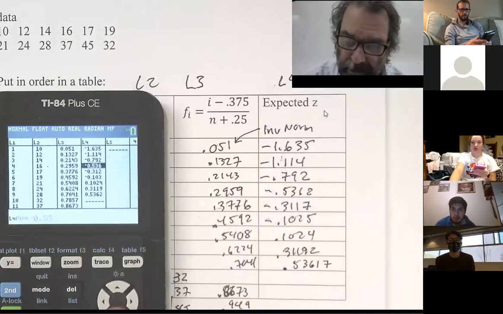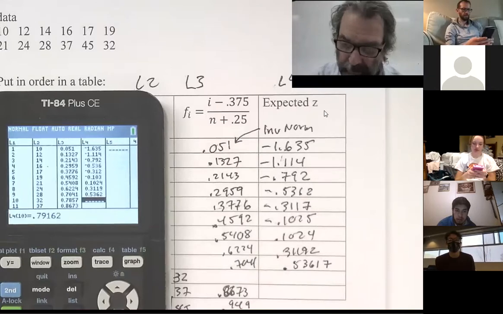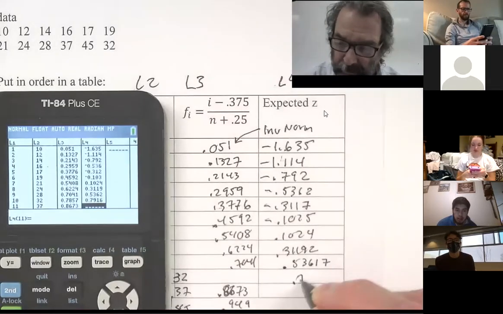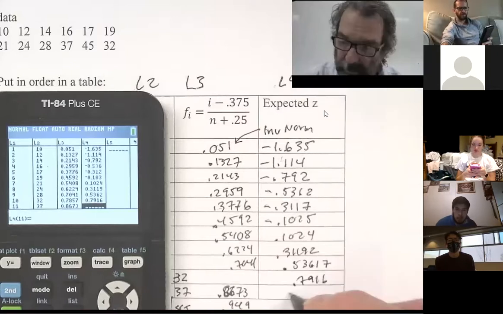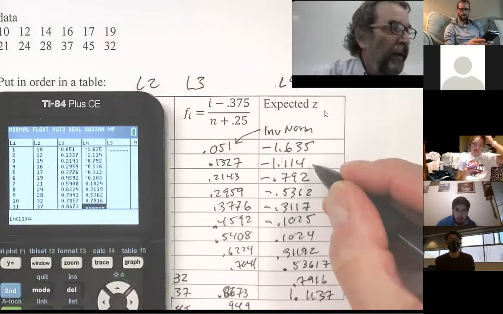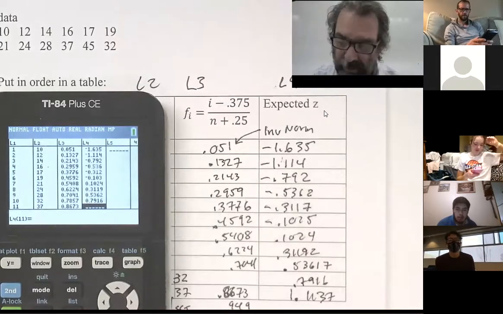Oh, 0.79162, okay. We're almost at the end. 1.1137. I keep looking up here and seeing if it's about the same number, right? Pretty much working out. And we got one left.